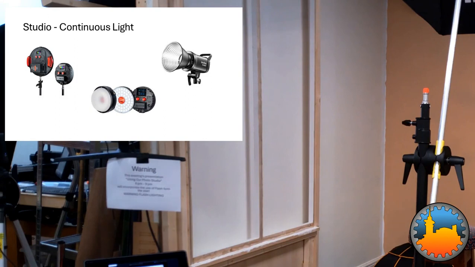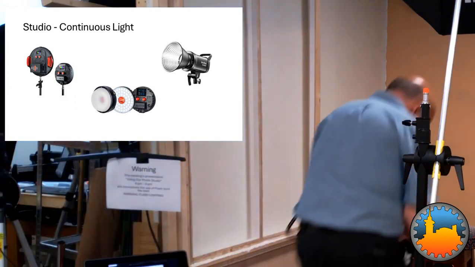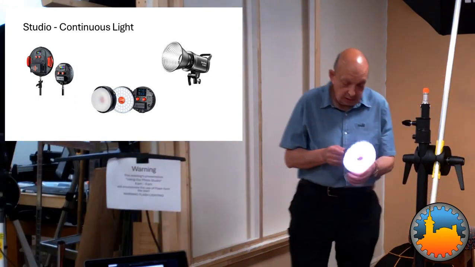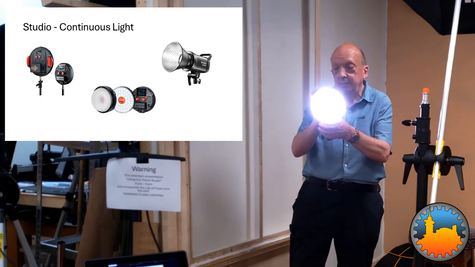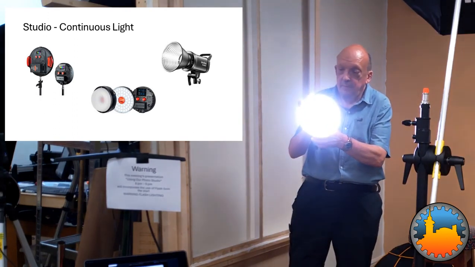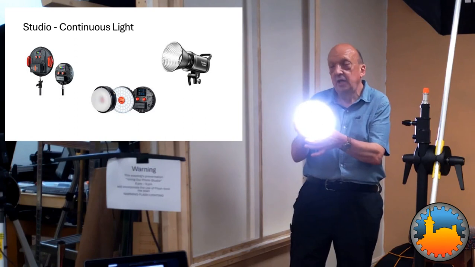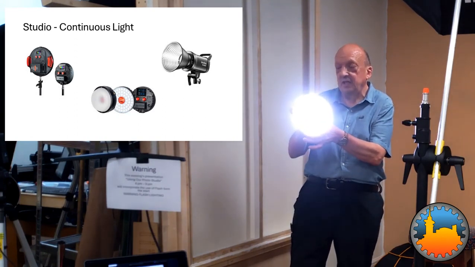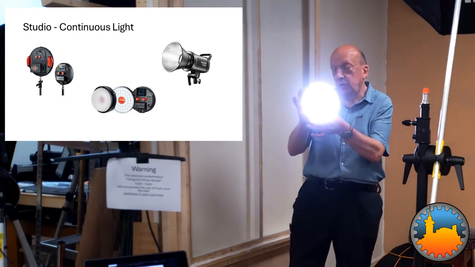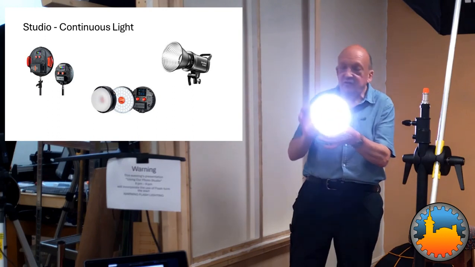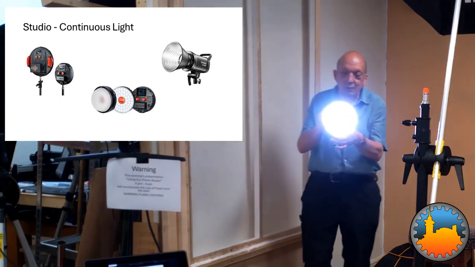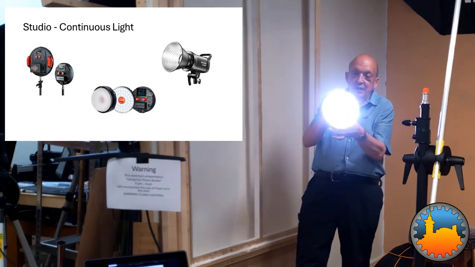This is a typical LED light. Very bright, and the main advantage is you can change the colour balance really easily. So you can go from what photographers refer to as a cool white light to a warm light.